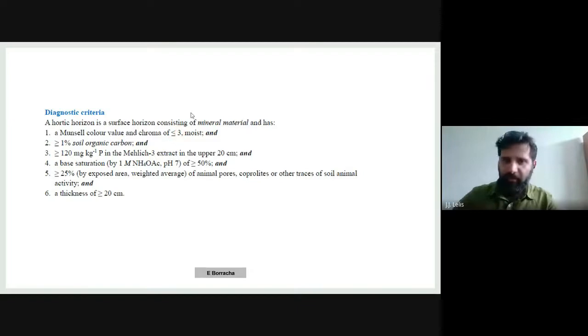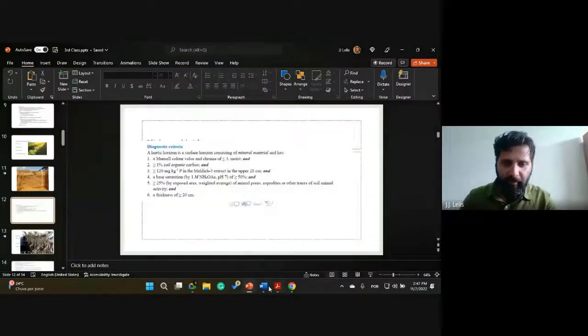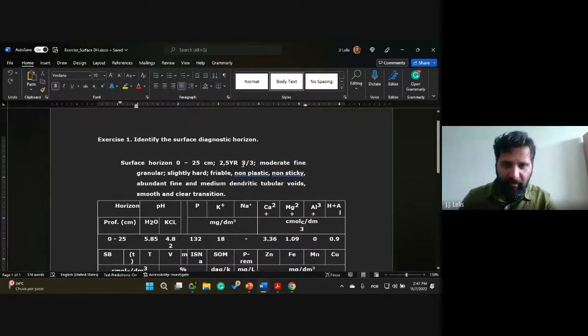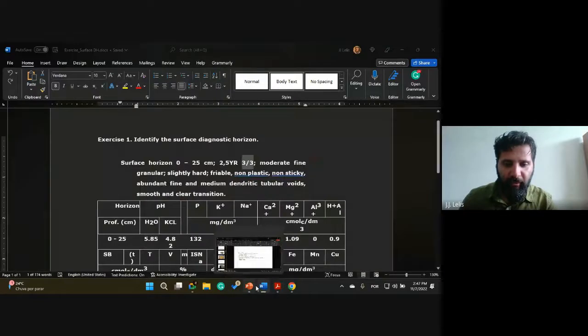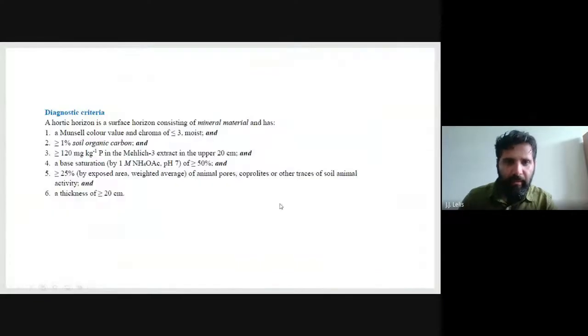In this case, we can see that we have 3 and 3, so we are following. Okay, good. And we should present at least 1% of soil organic carbon, and we know that we have 1.5, so we also followed. Checked.